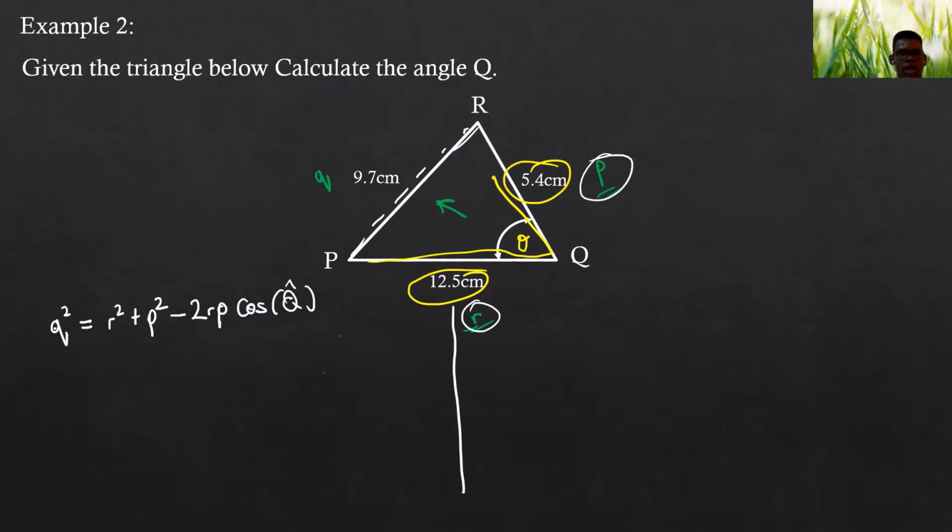The side that we would have wanted to find is actually known now. It's 9.7 centimeters, and we're squaring this.